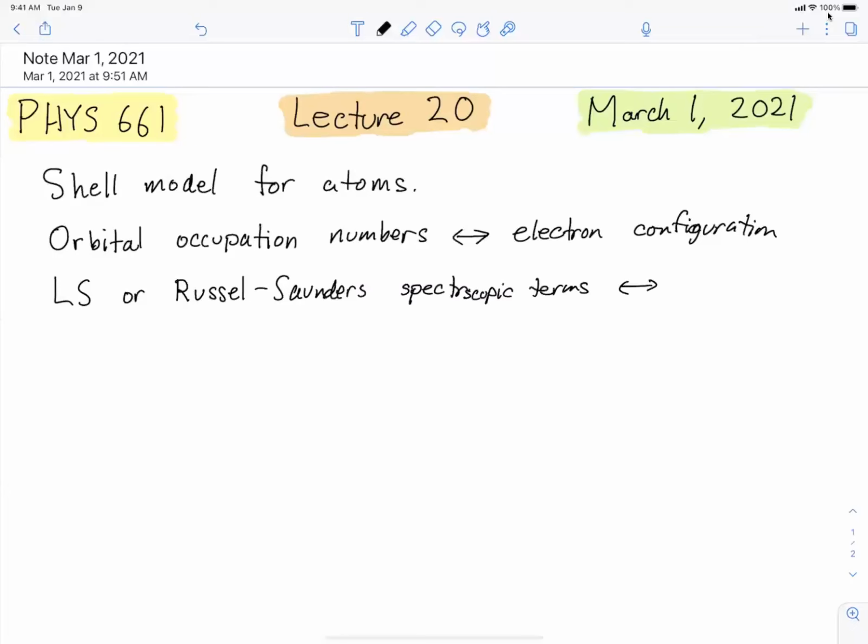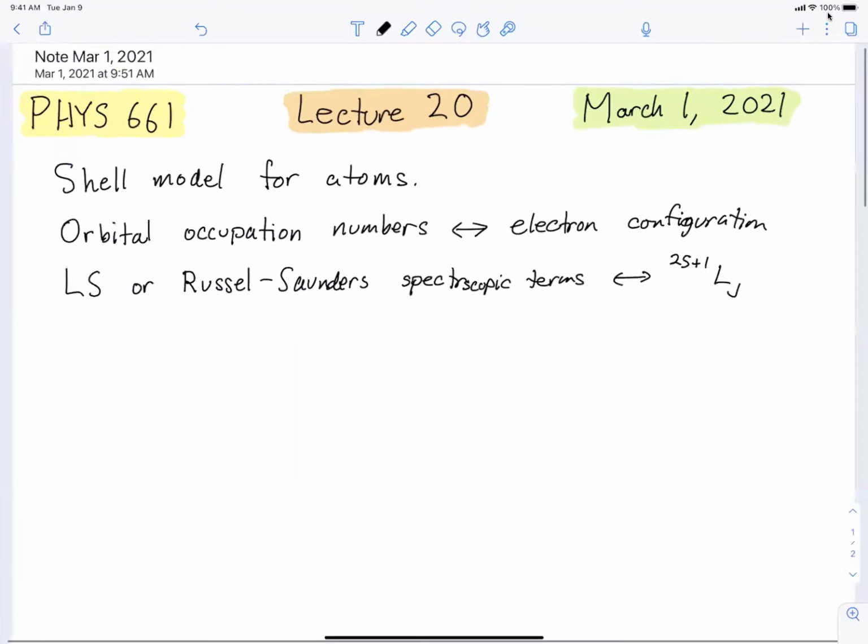Okay, and that notation is we put a pre-superscript, which is twice the total spin plus 1, and then L with a letter code, and then J. And both of these things are approximations because you're doing the central field method and treating the individual spin orbit couplings as a perturbation.